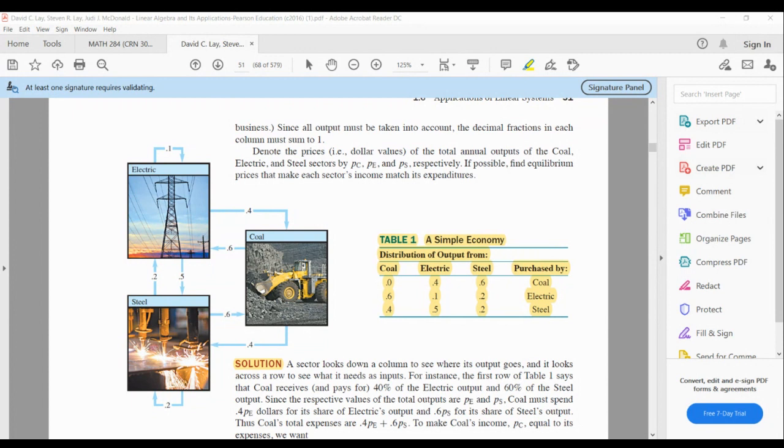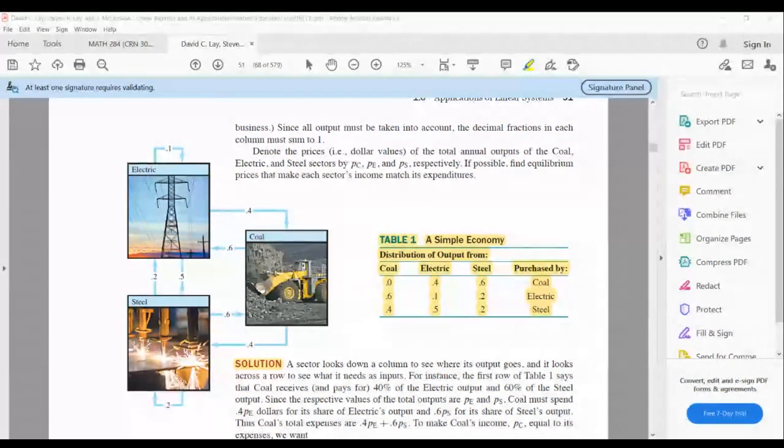So the way we read this table is, look at the first row, purchased by coal. The coal industry doesn't purchase any part of itself, but it needs to purchase 40% of electric and 60% of steel.